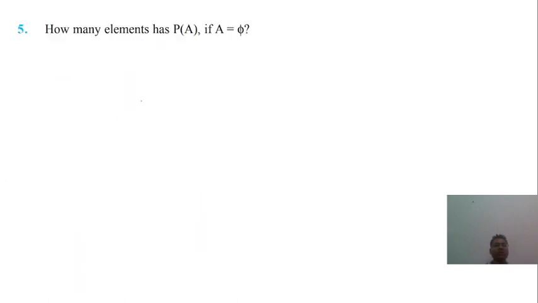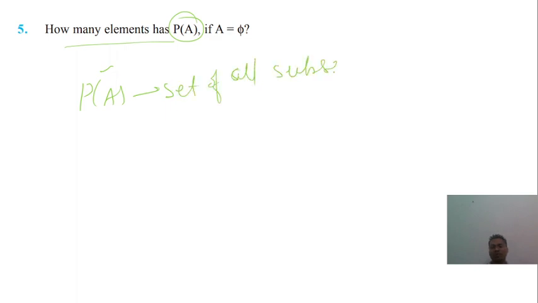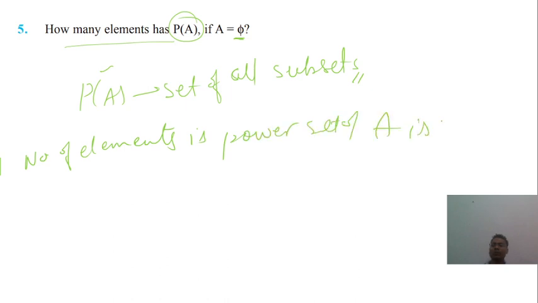How many elements are in the power set of this? The power set is actually the set of all subsets. Since the set has only one element, and that is 5 itself, the number of elements in the power set of A is 1.